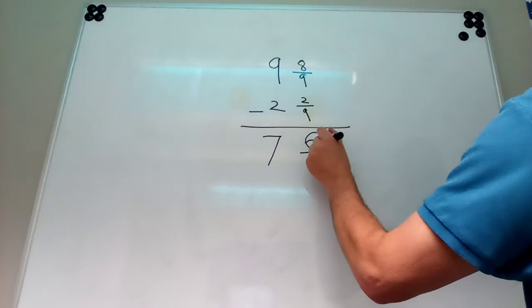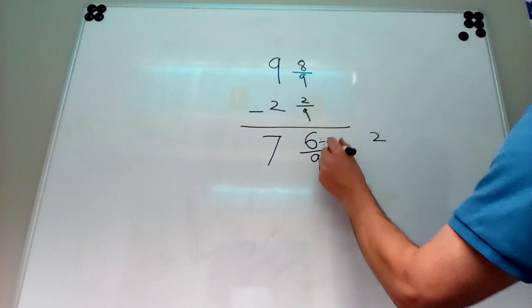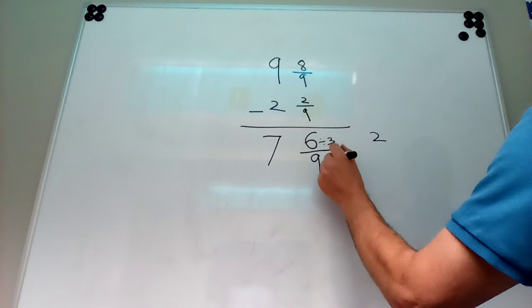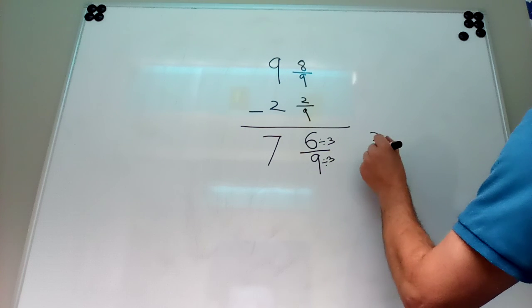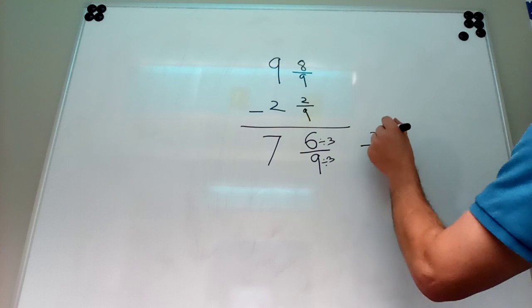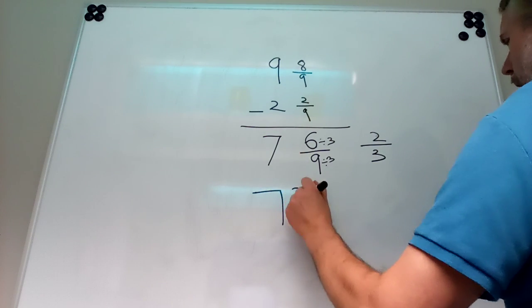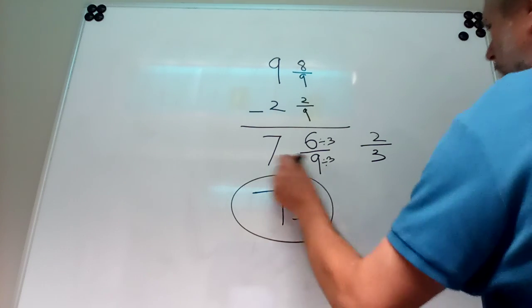So if we divide the 6 by 3, we get 2. And since we divided that by 3, we have to divide this by 3. 9 divided by 3 is 3. So 6/9 will reduce to 2/3. So we got our 7, don't forget our 7, 7 and 2/3 would be the answer for that problem.